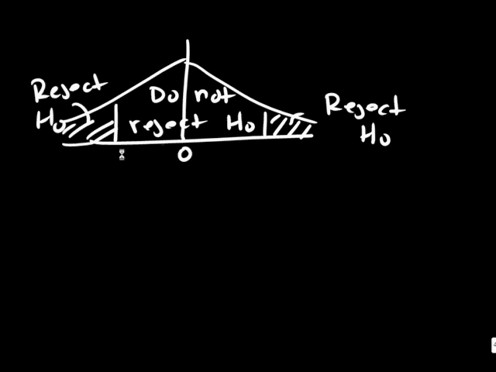Now alpha here in question 15 is 5%. This is a 5% level of significance. What that implies is, if this is 5%, that's half of 5%, which means it's 2.5%. 2.5% is in each tail. 95% is in the middle, or simply 47.5% is in this important region here.